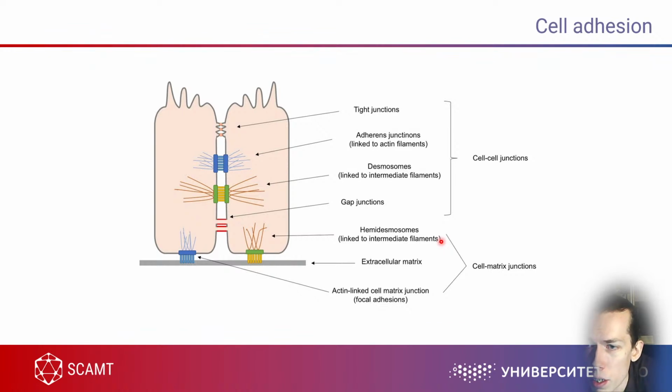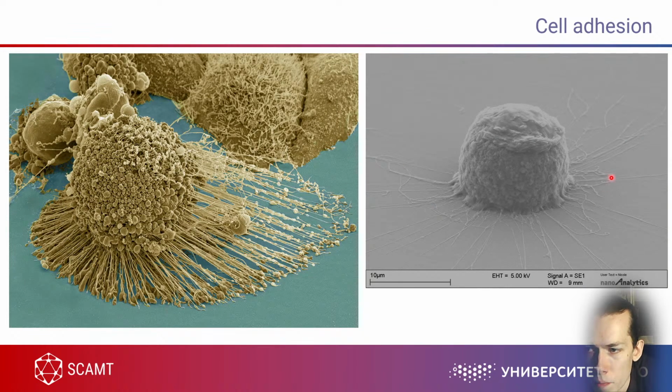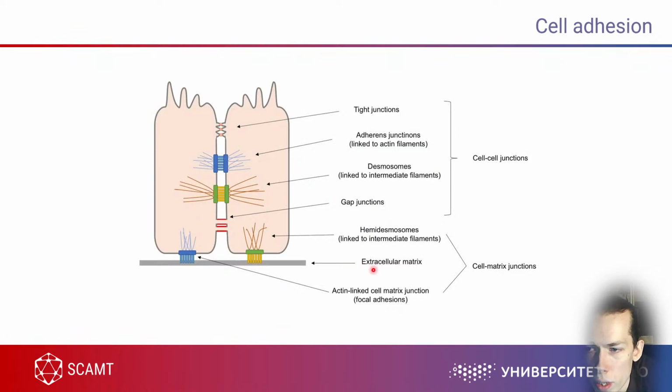What else is connected with cell adhesion? It's some kind of scheme just for you to understand how it's working. So these small things here are called focal adhesions, with actin filaments and so on, collagen filaments. And these filaments on the other side, inside the cell, are connected with the cytoskeleton. And I already mentioned tight junctions between the cells. So these are tight junctions between cells and cell layers.